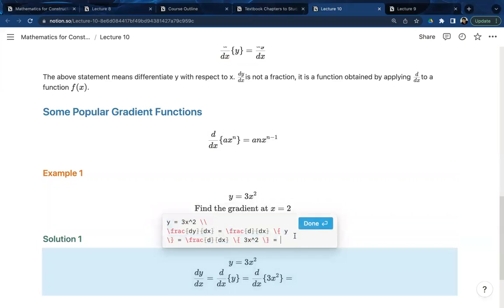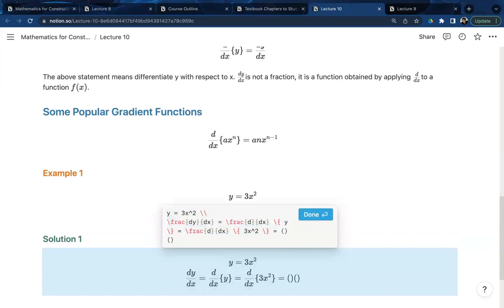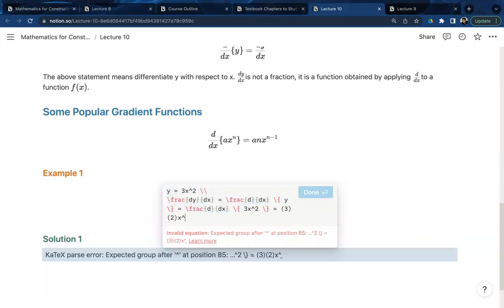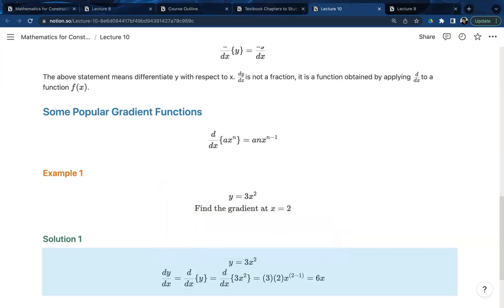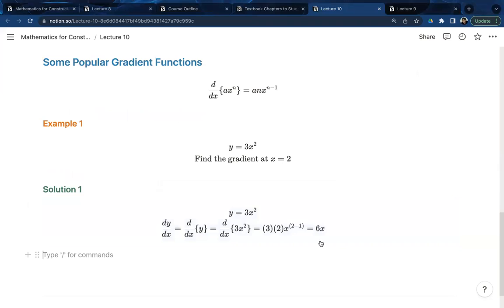So I'll have the 3, but I'll have the 2 because that's what n is, x to the power, and this is 2 minus 1, in brackets. So what is this? This is 6x to the power, well, 2 minus 1 is 1, so 6x to the power 1. They just call that 6x. So that's the gradient function.